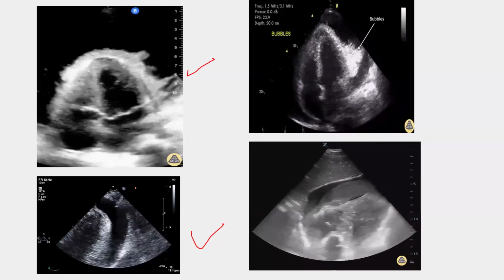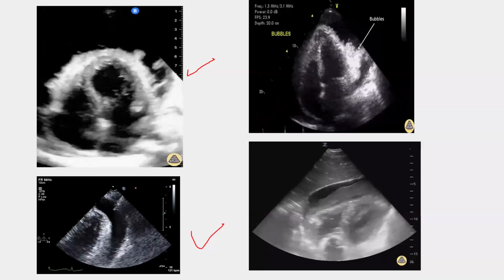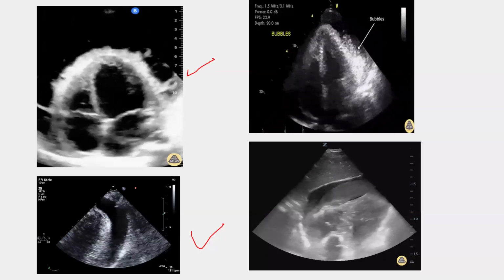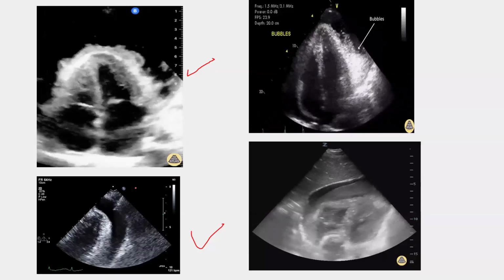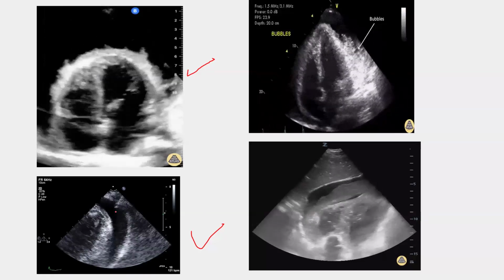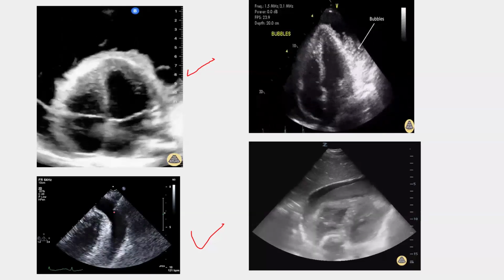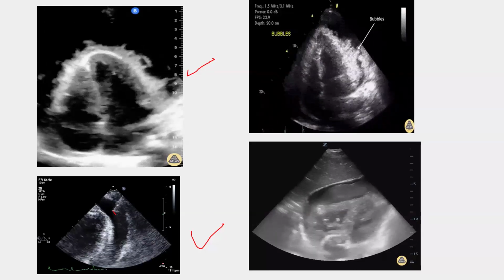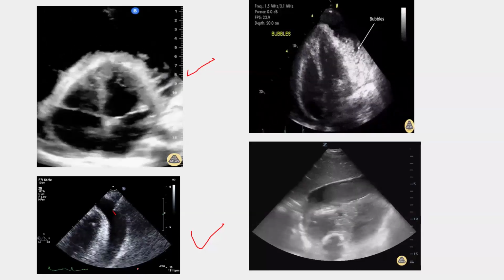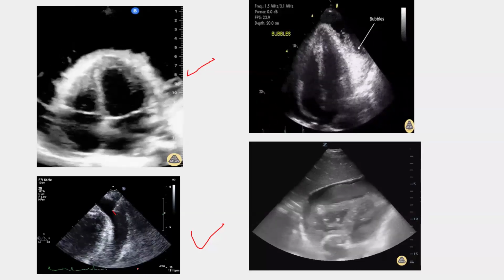Okay. And then by echo you see the needle coming through the space. As the needle advances, you are seeing it by echo. So we are seeing here the needle coming through. As soon as it reaches here, we stop and aspirate. So that is the pericardial space, and this is echo-guided pericardiocentesis.